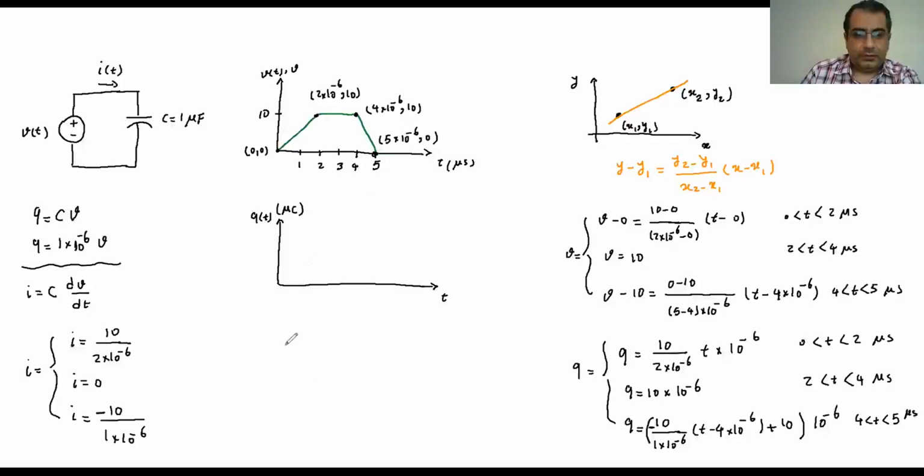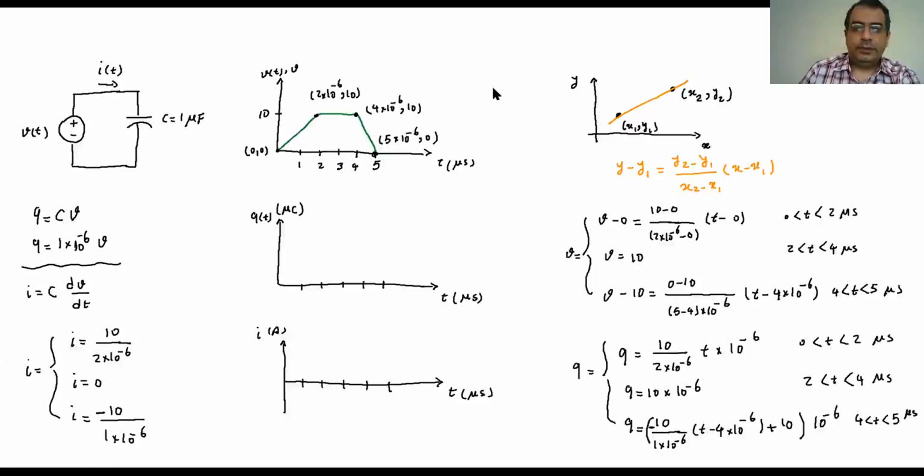And then if I draw the I beneath that, it's going to be T, and I as an amp. Let's see what we are going to get. If I consider 1, 2, 3, 4, and 5, these are all going to be microseconds, and this one is microseconds as well.